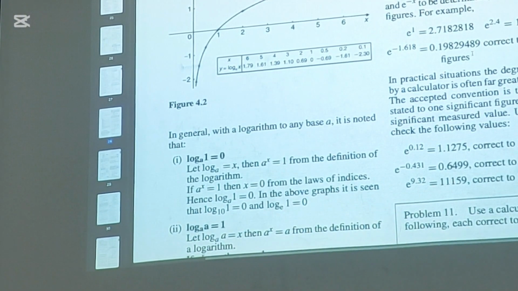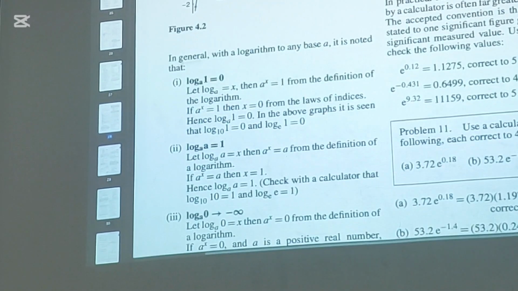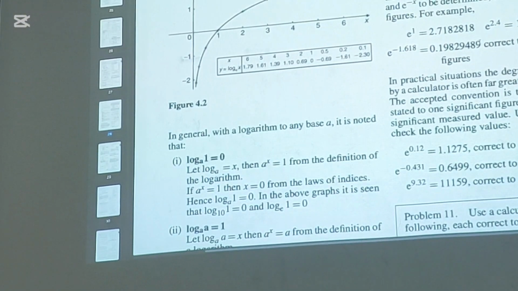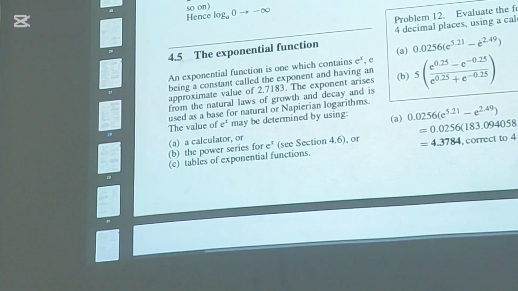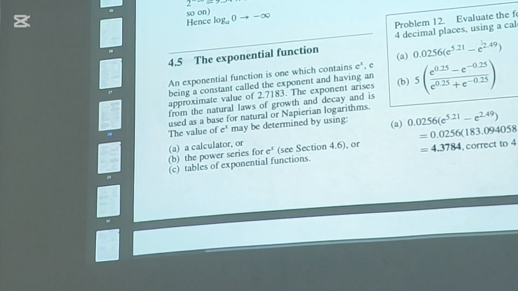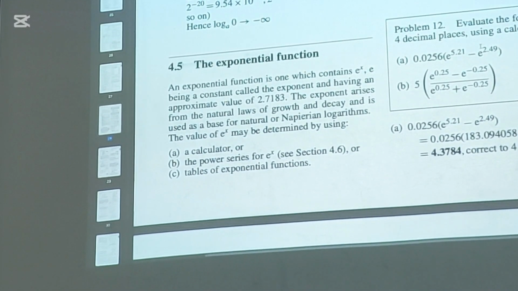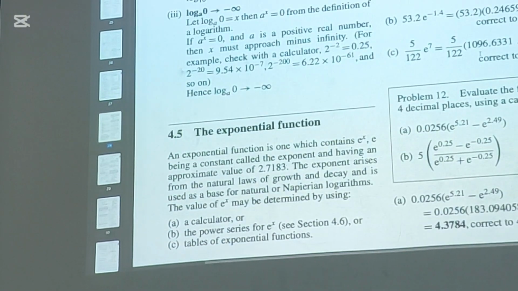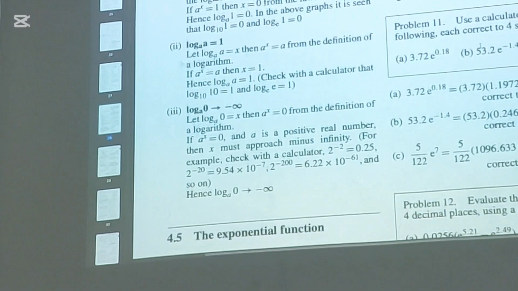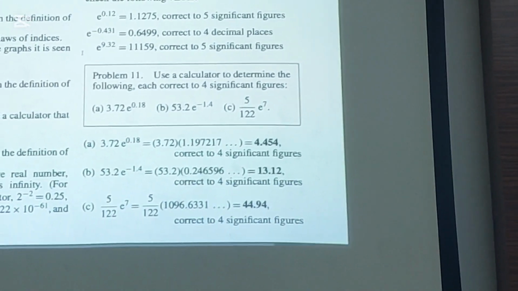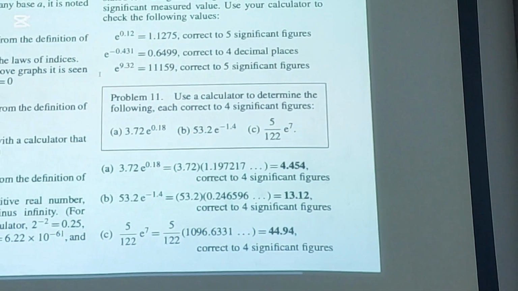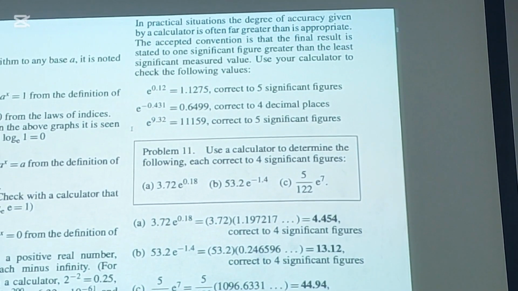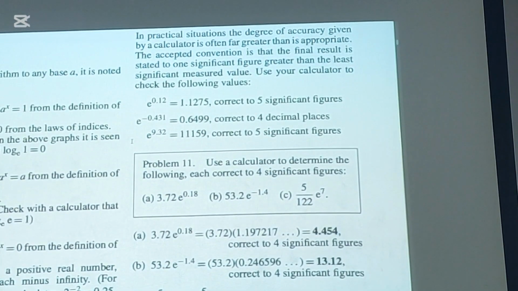So to solve each problem, for A, 3 times A power by 0.18.